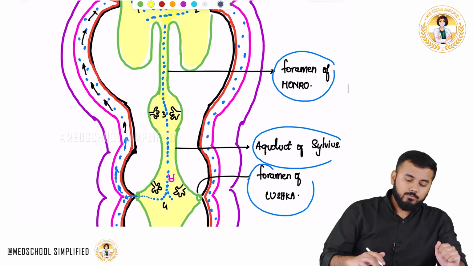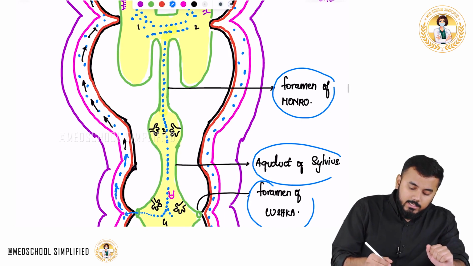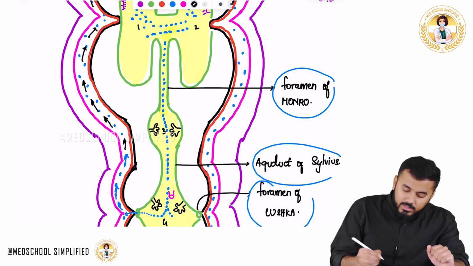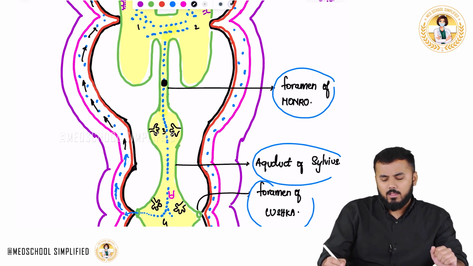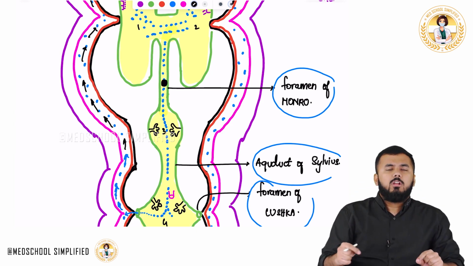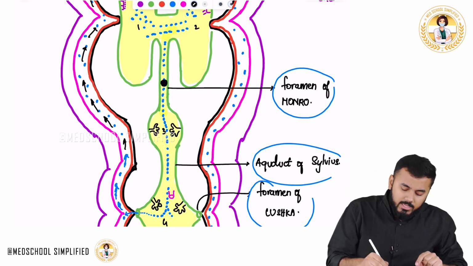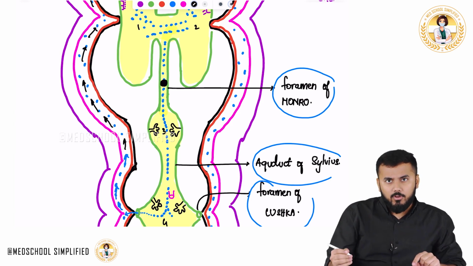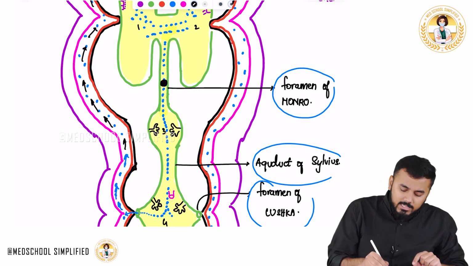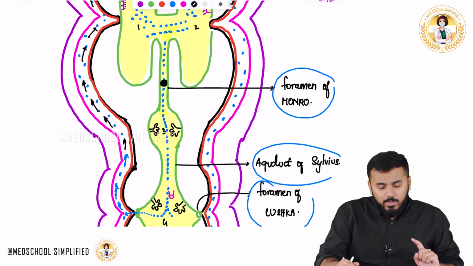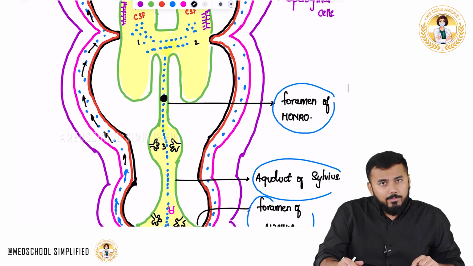For example, let us say that within the foramen of Monro there is some kind of obstruction, whatever it is. There might be a stricture or any obstruction, or some kind of congenital malformation. Let us say there is an obstruction. Now, because of this obstruction, what is happening?